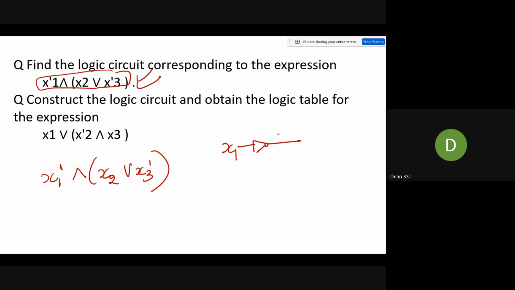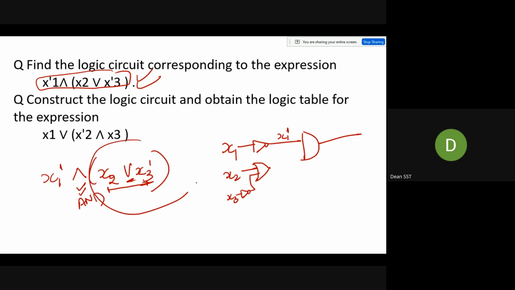x1 ka complement. So this is x1 ka complement. Now you need AND. So you need AND. Fine. For AND you need this x2. So this is x2, or you need OR x3 ka complement. So x3 ka complement. Fine.